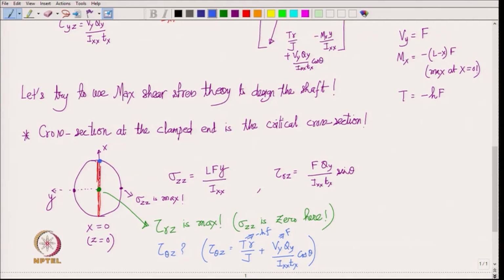So, if both of them have to be combined maximum, then it would be when the second component, cos theta, becomes minus 1, right. So, we have two points here on the red line, and out of these this is the point when cos theta is equal to minus 1, right. So, that is the point where tau theta z becomes maximum.